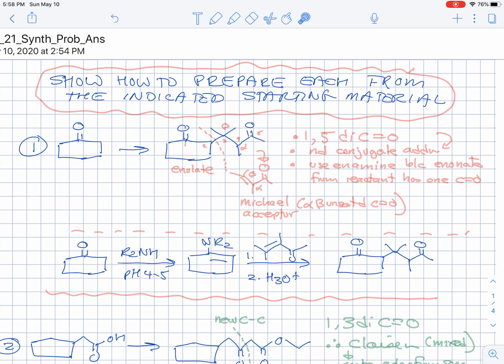It protonates the oxygen, the O- oxygen, to make an enol, and then it tautomerizes that enol to the keto form. You could, if you were writing this out as a synthesis, do this as a 1, 2, 3 thing because you don't necessarily isolate this intermediate enamine.